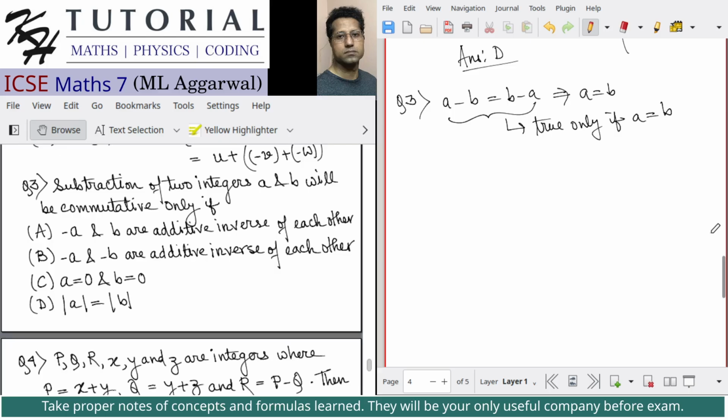Subtracting two integers A and B will be commutative only if A and B are the same integer. So what are the choices given?